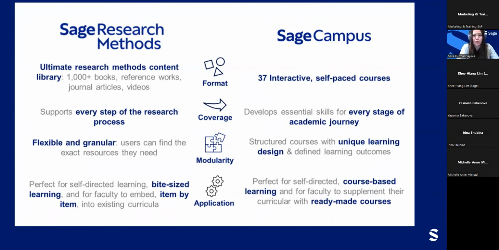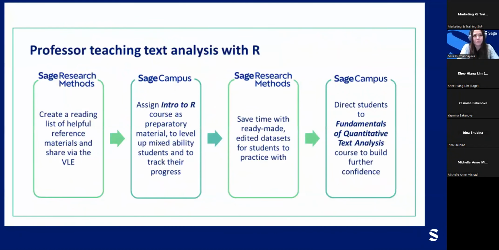It also has a unique learning design and defined learning outcomes. And the reason why we say that Sage Research Methods and Sage Campus go hand in hand is because of the skills that you are sharpening while using both of these platforms.